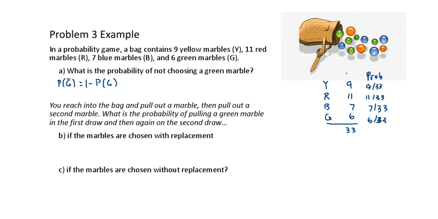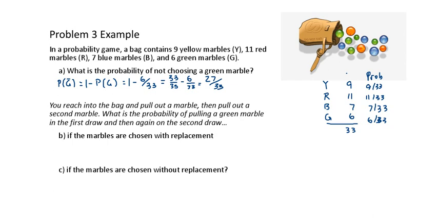So if we want to find the probability of our marble not being green, we're going to take 1 minus the probability that we do get a green. Recalling the fraction rule, we get the common denominator: 33 out of 33 equals 1, minus 6 out of 33 gives us a probability of 27 out of 33.